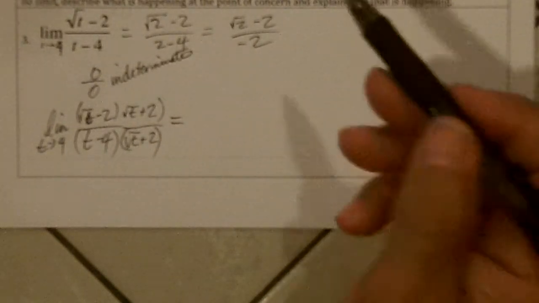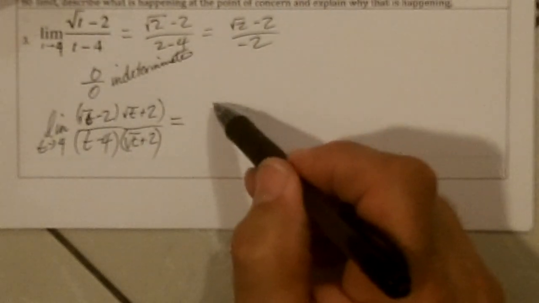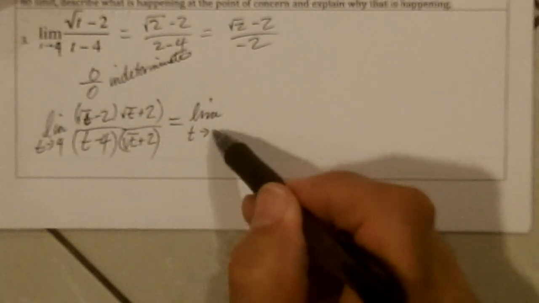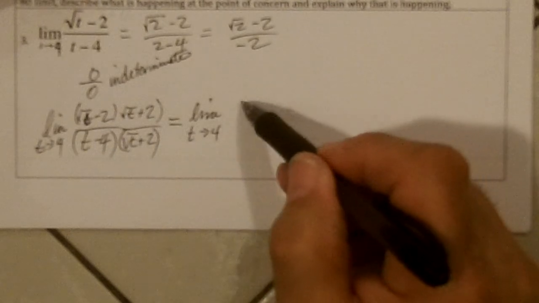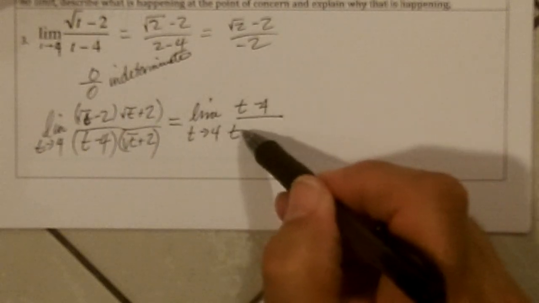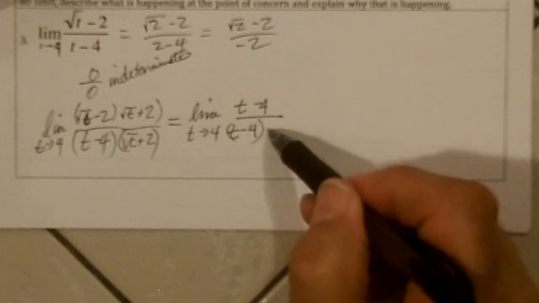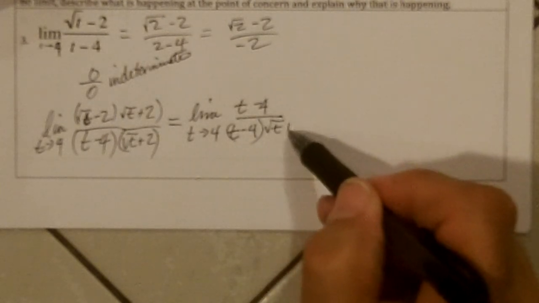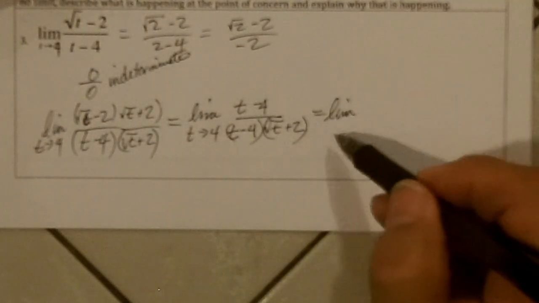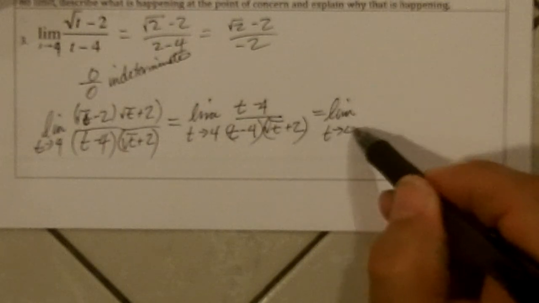And that would give us the limit as t approaches 4 of t minus 4 over t minus 4 times the square root of t plus 2, which would be the limit as t approaches 4.